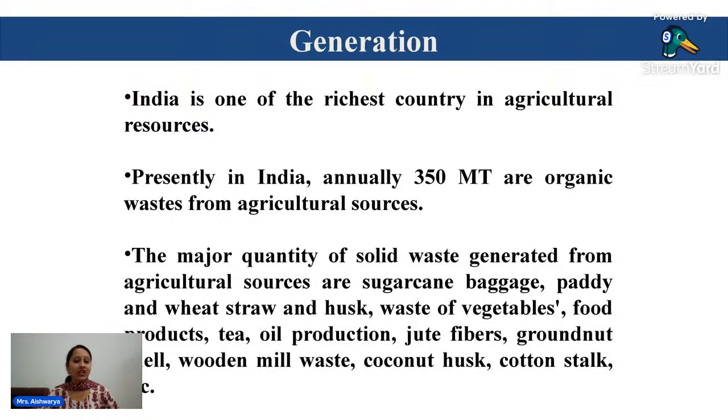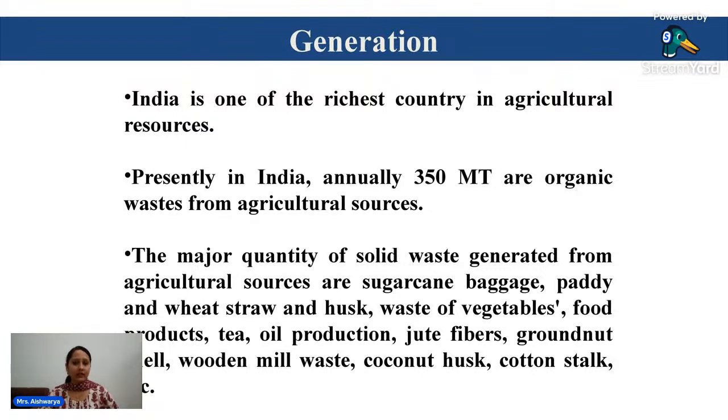The major quantity of solid waste generated from agricultural sources includes sugarcane bagasse, paddy and wheat straw and husk, waste of vegetables, food products, tea consumption, oil production, juice and fibers, groundnut and groundnut shells, wooden mill waste, coconut husk, coconut stalk, etc.